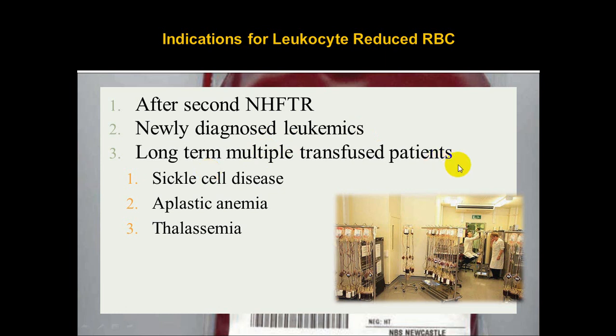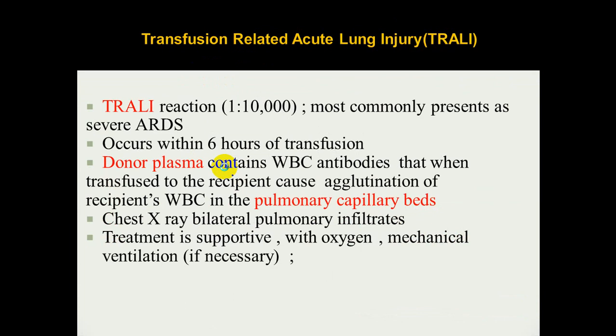Long-term multiple transfused patients, and any patient having bone marrow transplantation or renal transplantation, need white blood cell reduced RBC blood, or even irradiated RBC. Long-term multiple transfusion patients include sickle cell, aplastic anemia, and even thalassemia.